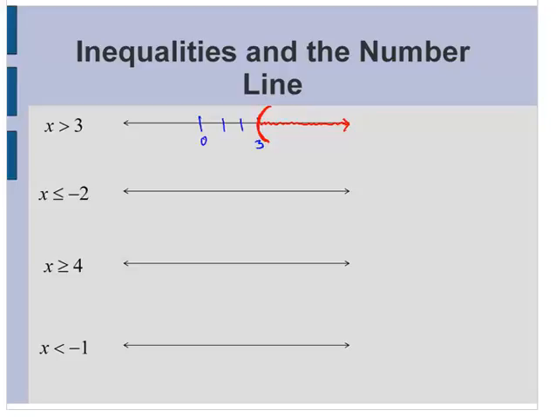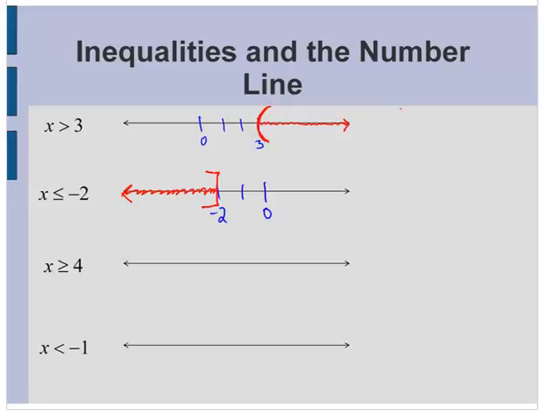Now x is less than or equal to negative 2. Again, here's 0, and here's negative 2. The numbers to the left of negative 2 are less than negative 2, so I would shade to the left of negative 2. And since it's an inclusive inequality, we will use a bracket at negative 2.